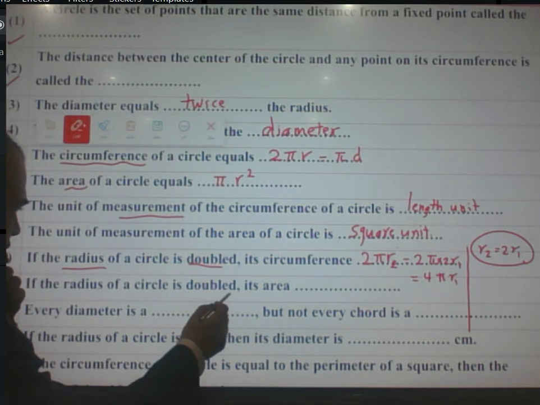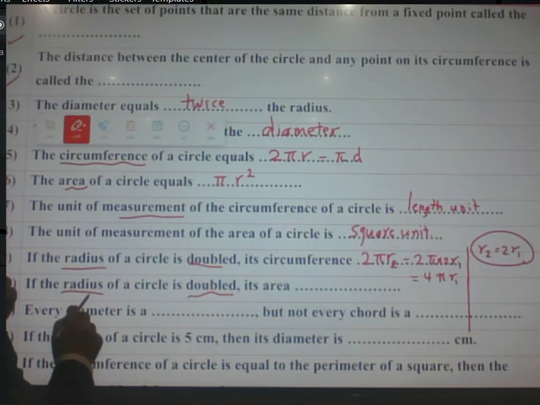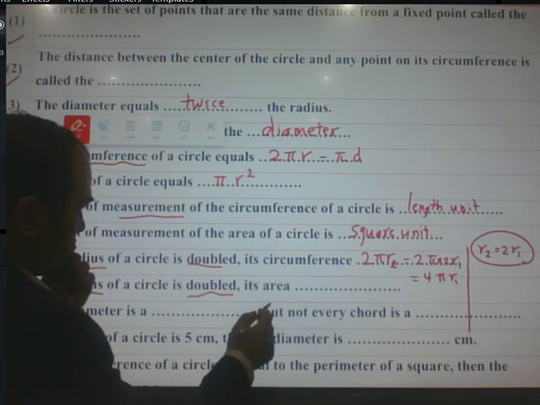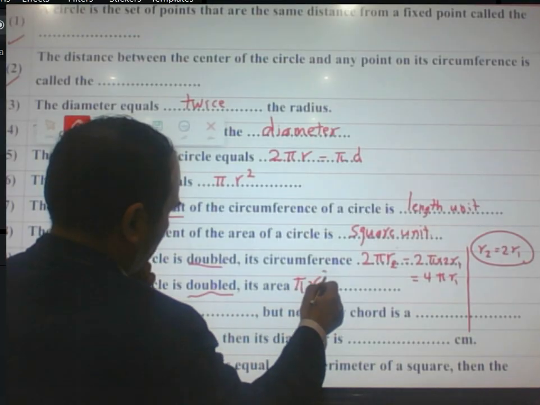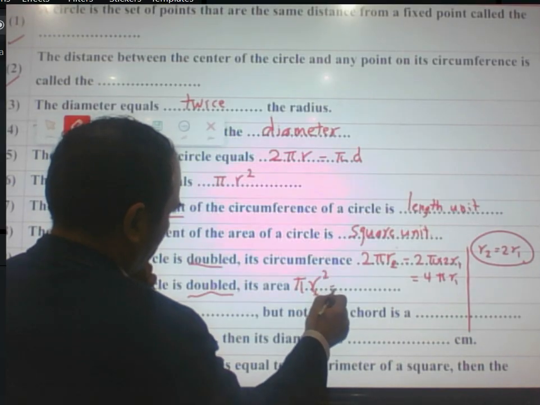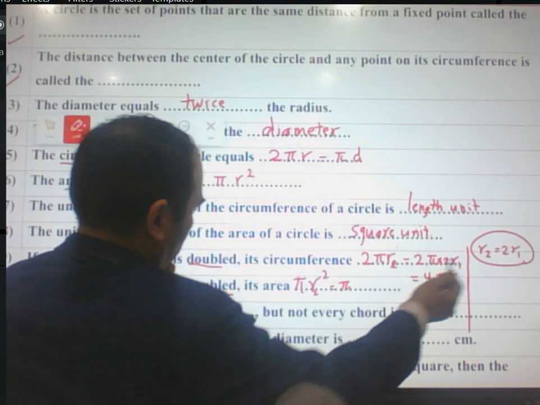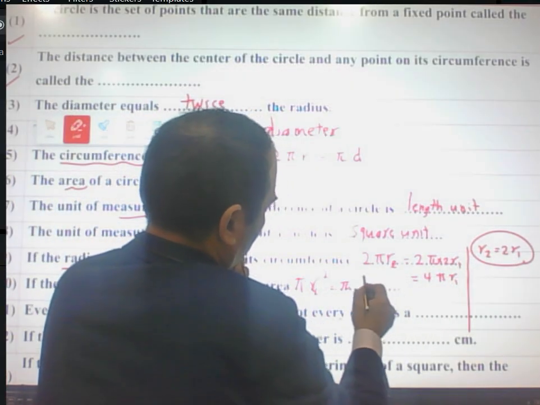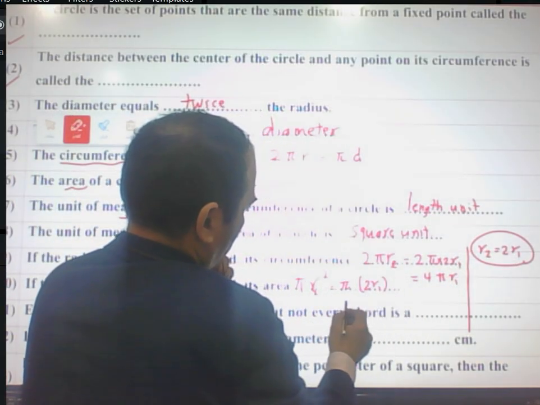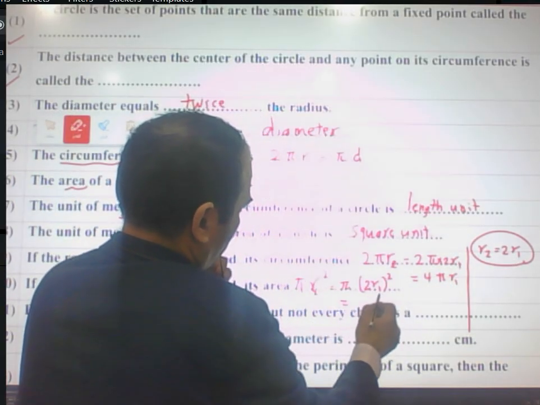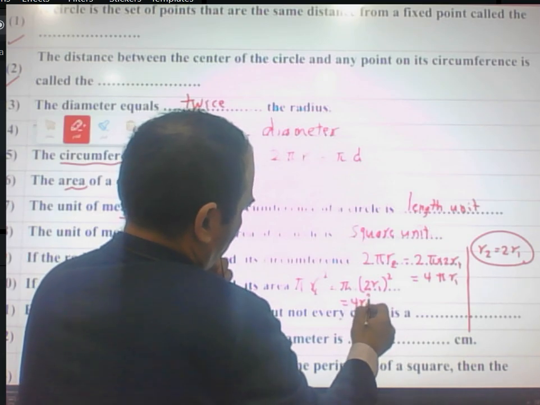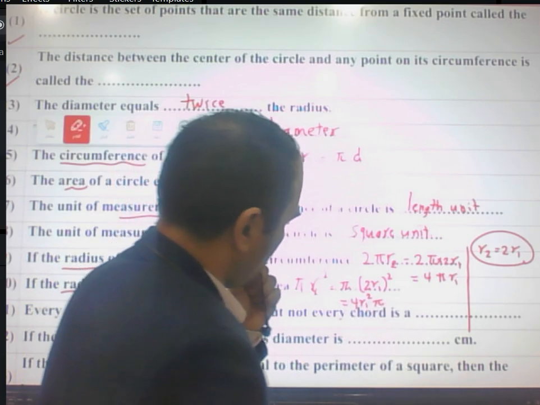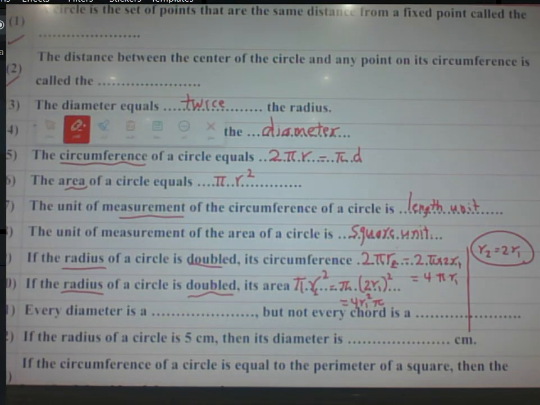And also, if the radius was doubled, then the area, we know the area equals πr². Then the radius here, number 2, is r2 power 2, r2 is 2 times r1. Then the result will be 2 power 2, 4 r1 power 2, times π. We change the rule because the radius of the circle is doubled.